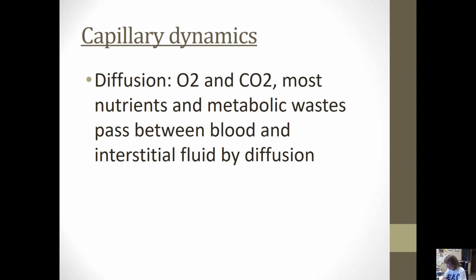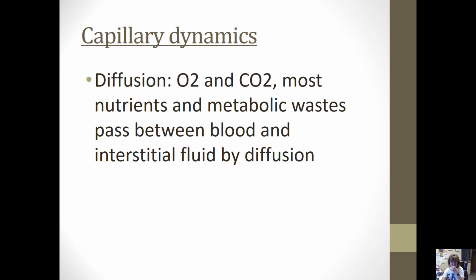So the material, once it's out into the interstitial fluid, is going to go into the cells by diffusion. Material will leave the cells and go out into the interstitial fluid, and then it'll pass across the membrane and across the capillary wall, and then back into the blood.